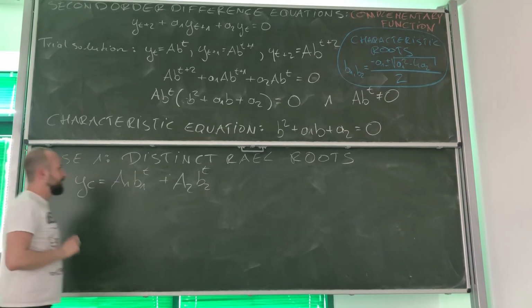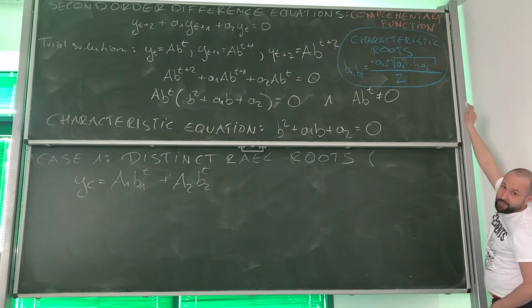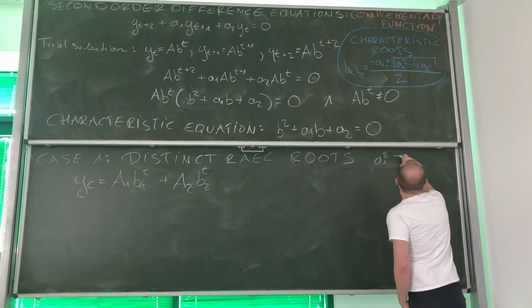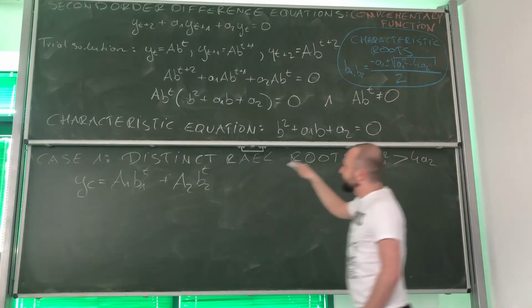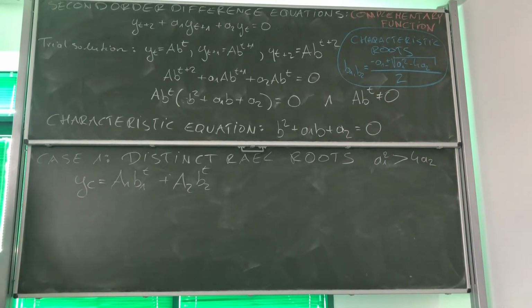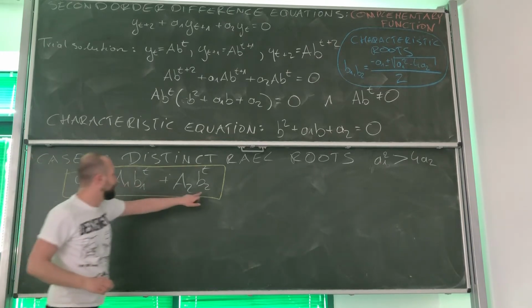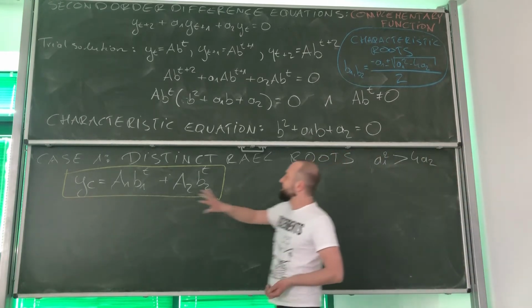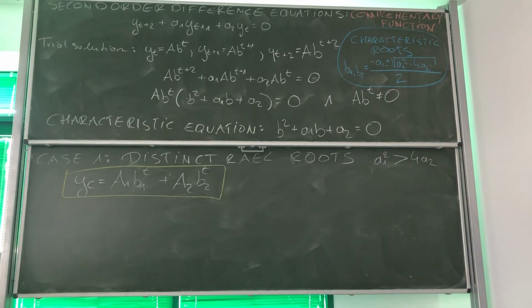Of course, encountering this case requires that the expression under the square root is positive, so a1 squared is bigger than 4a2. However, look, this expression is clearly a combination of what we had in case of difference equations. I'm talking about b^t and differential equations. So I'm talking about the two outcomes that we simply add up.